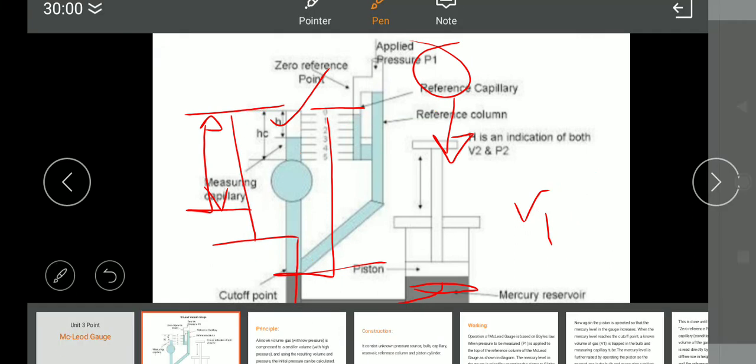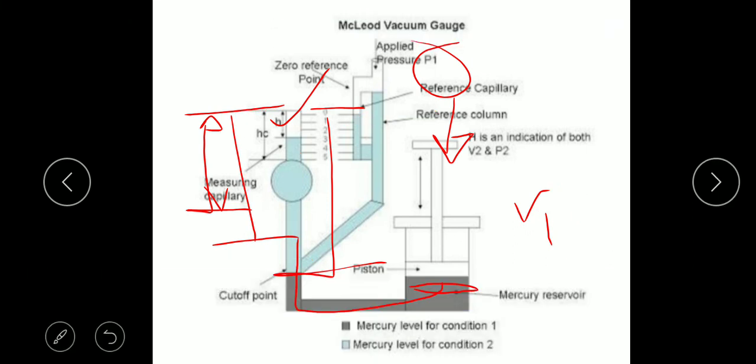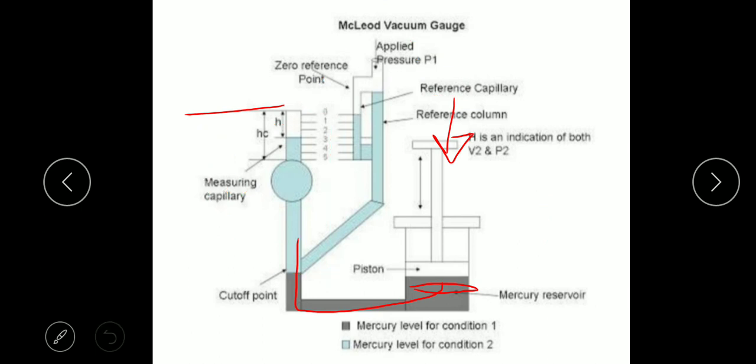Remember, we will do this procedure until the mercury level reaches the zero position in the reference capillary. When the mercury reaches that position, we will stop here.